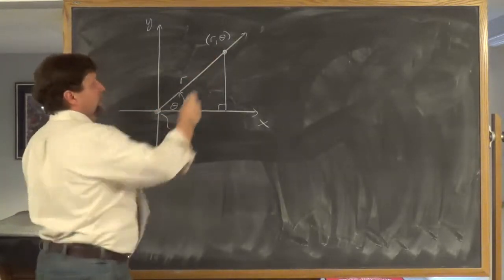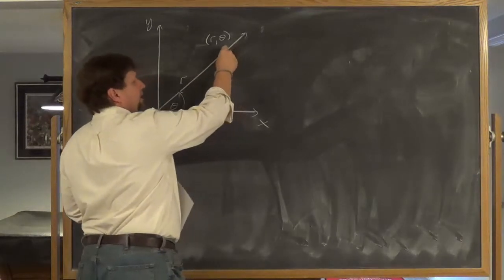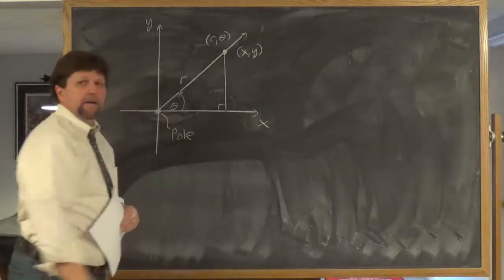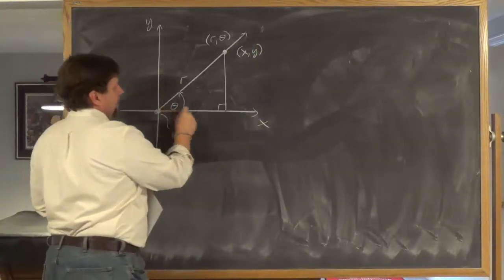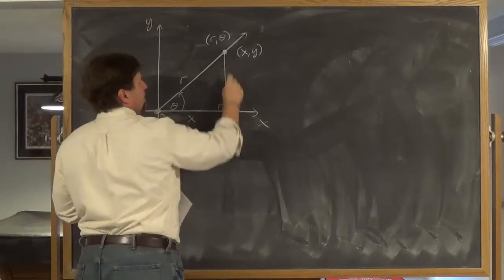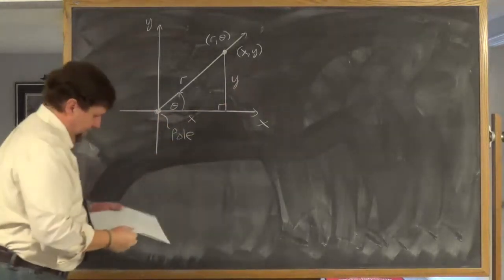In rectangular coordinates, the coordinates of this point would be x, y. Which means this side of the triangle is x, this side is y.